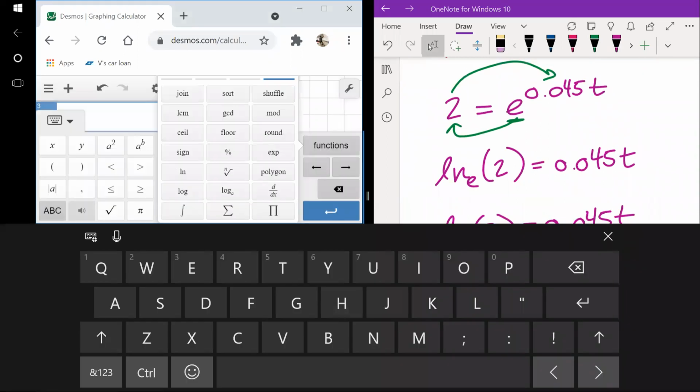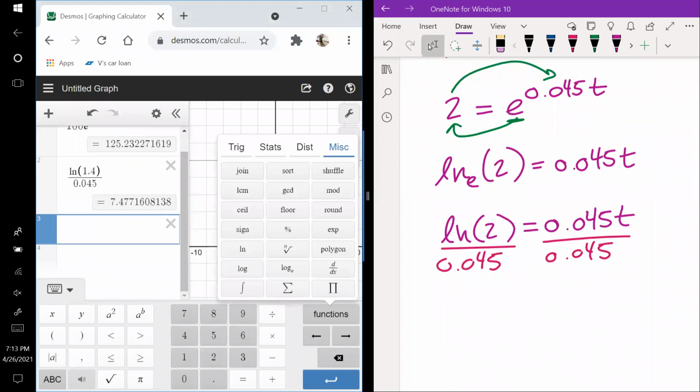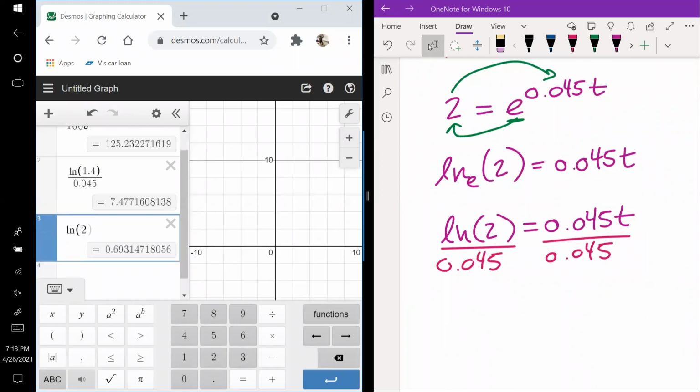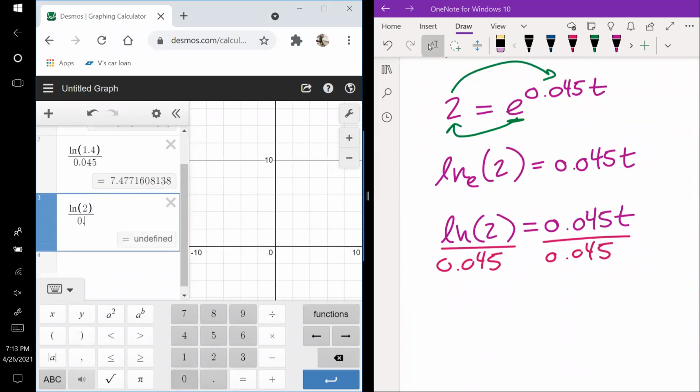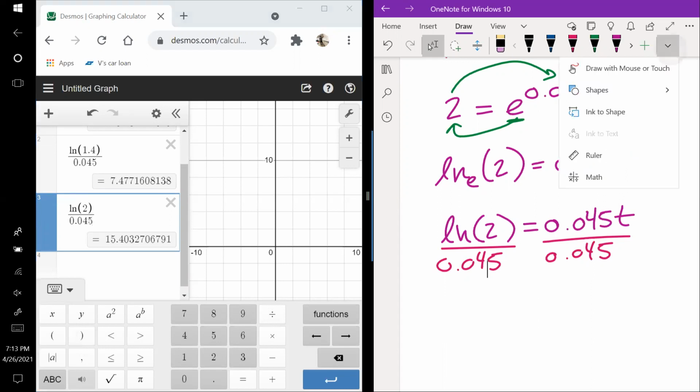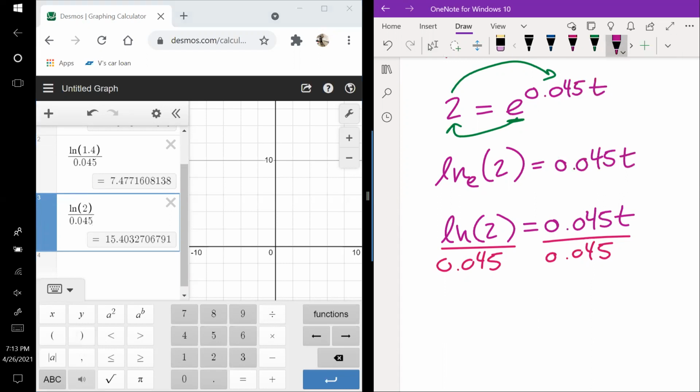All right, let's see. Functions, natural log 2 over 0.045. And we get that the population will double in 15.4 days.